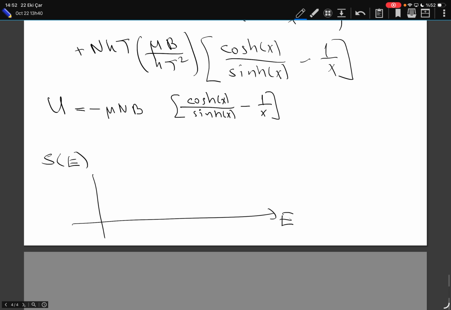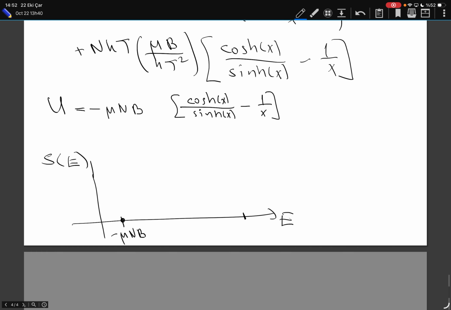If you would plot this function, what you would see is when E is equal to minus mu B, well, all the magnetic moments are aligned with the magnetic field. There is just one configuration that has this energy. So the entropy is 0.